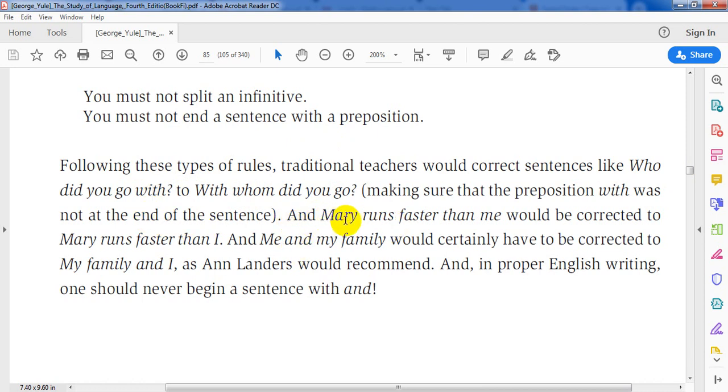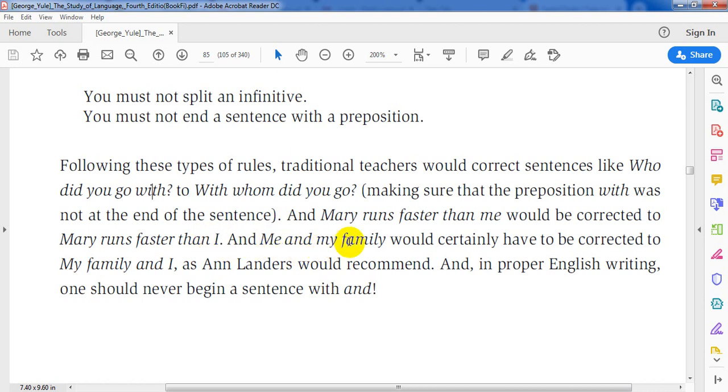Another example: Mary runs faster than me. This sentence, according to traditional teachers, is corrected to "Mary runs faster than I." So instead of "me" here, it should be "I" according to their view.